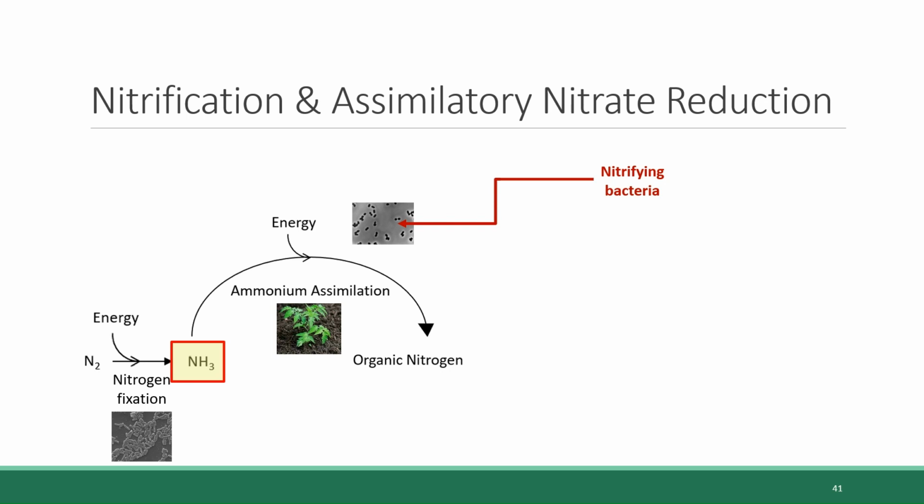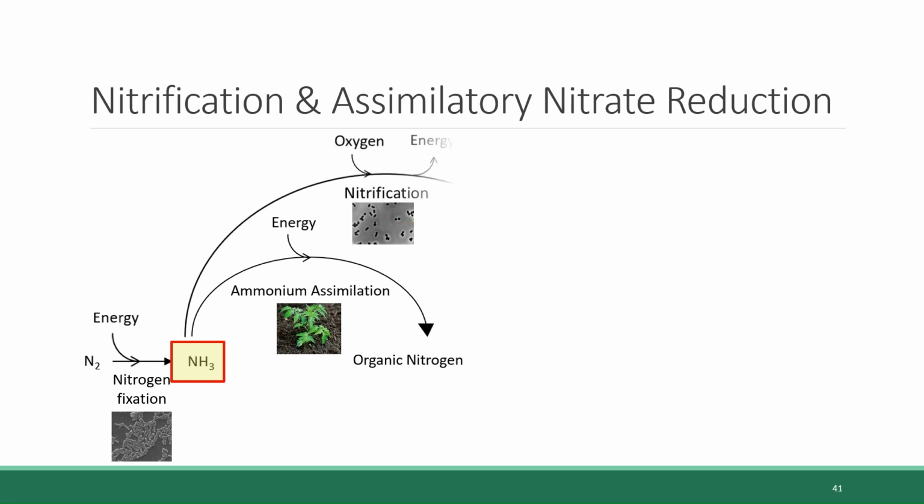Nitrifying bacteria can actually use ammonia as an energy source. They can oxidize it to extract its electrons, much like heterotrophs do with carbohydrates, such as glucose, when they perform cellular respiration. This process is called nitrification, and the result is that the ammonia is transformed into an ion called nitrate, or NO3, with a negative electric charge.